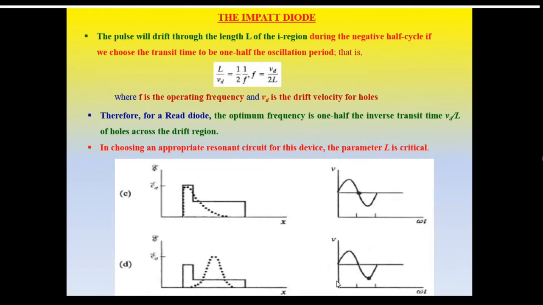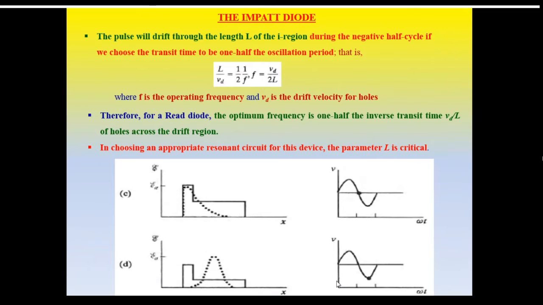Okay, now the pulse will drift through the length L of the I region, and this is very important. Okay, this formula. The pulse will drift through the length L of the I region during the negative half cycle.